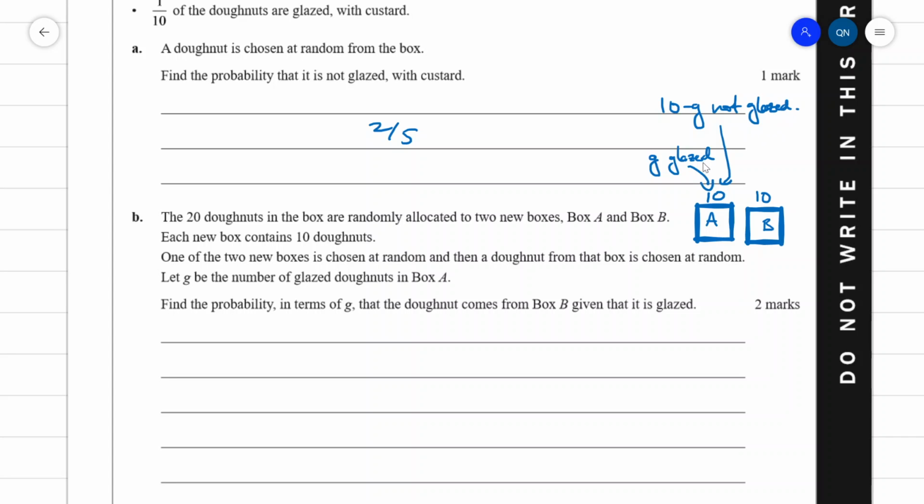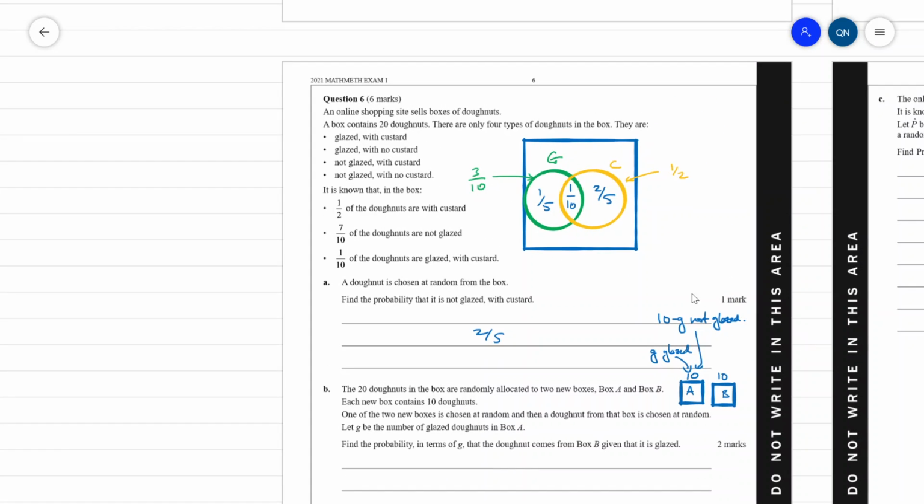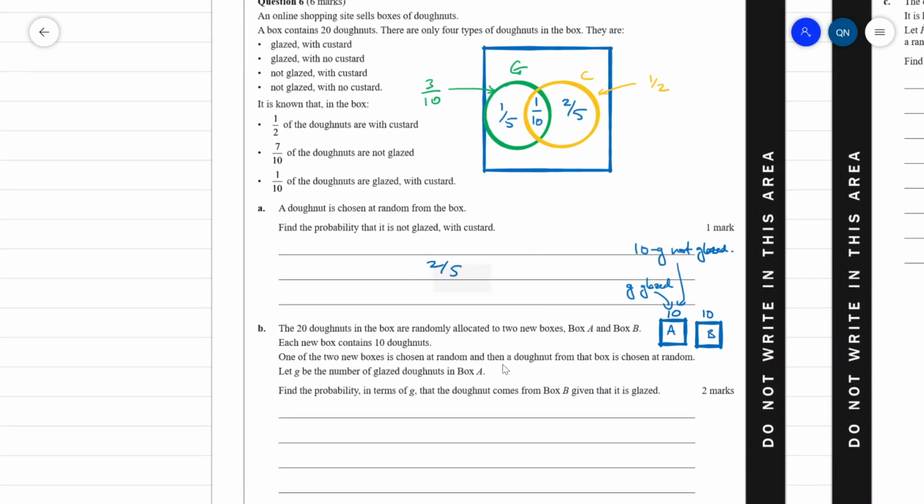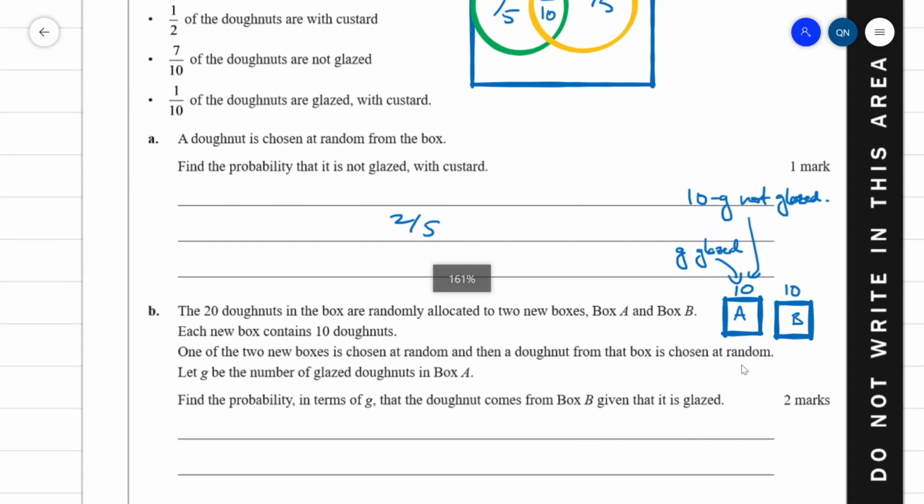Now, how about in box B? How many glazed donuts are there in total? Now I'm getting very confused. So there's G in box A. Find the probability in terms of G that the donut comes from box B, given that it is glazed.